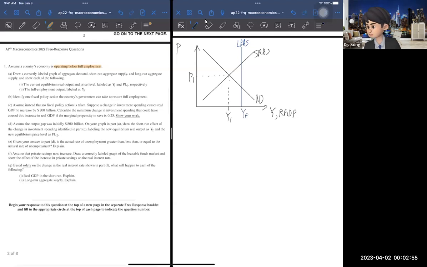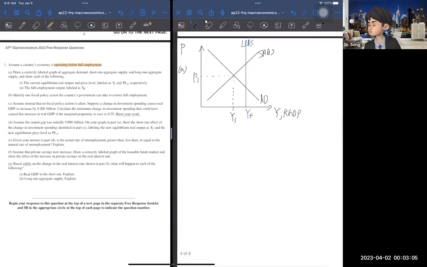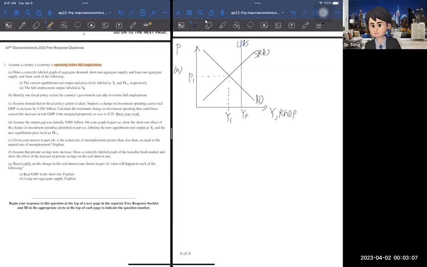Now, question B: identify one fiscal policy action that the country's government can take to restore full employment. In general, the government cannot touch the aggregate supply curve. They cannot shift the long-run aggregate supply curve or the short-run aggregate supply curve. What they can do is stimulate the demand side and shift the aggregate demand curve.